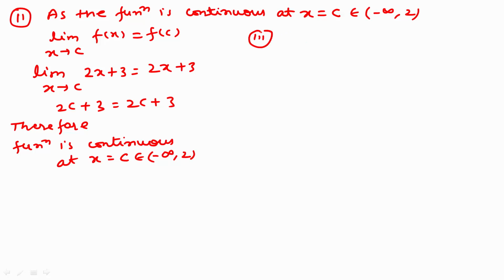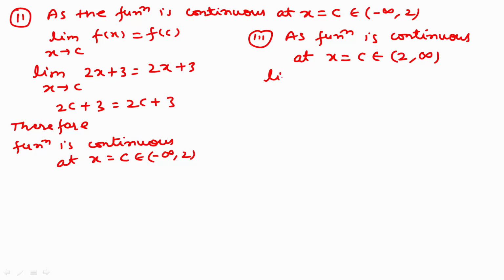In third case, as function is continuous at x is equal to c belongs to open interval 2 to infinity. So limit x tends to c f(x) is equal to f of c.